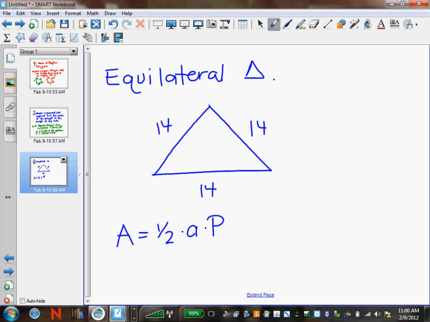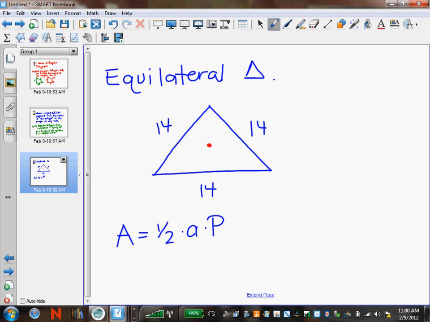All you were given is the length of 14. The apothem that we just learned the definition of is the length from the center. Now, we've not really talked about the center of polygons. What I want you to do is visualize this being inscribed in a circle, and it would really be the center of the circle.